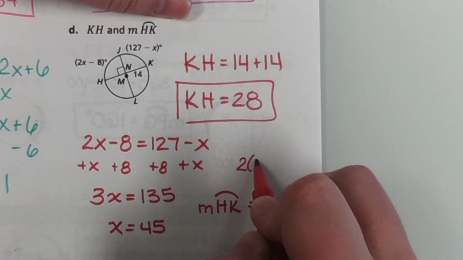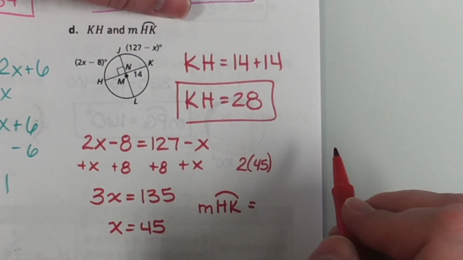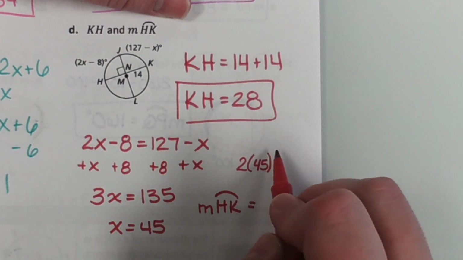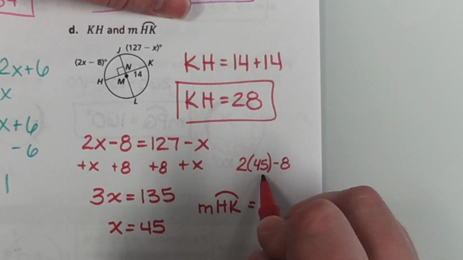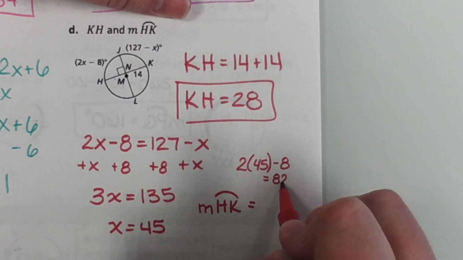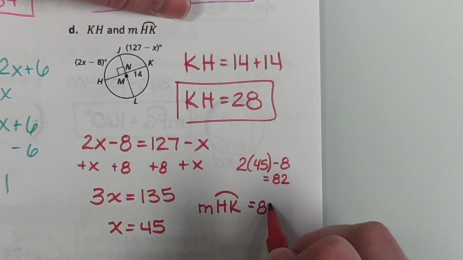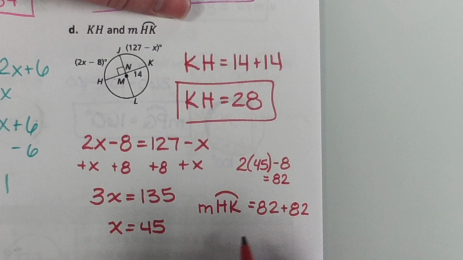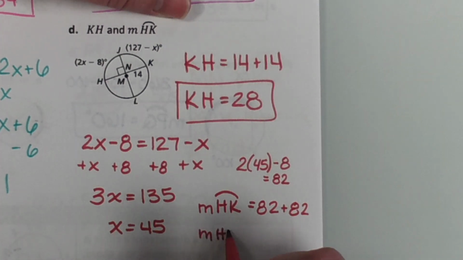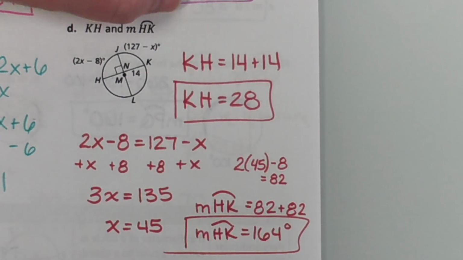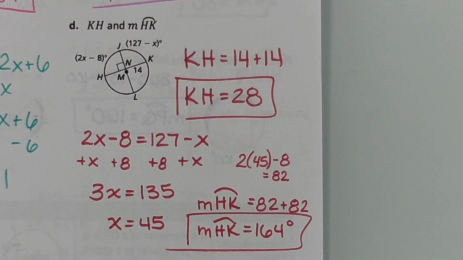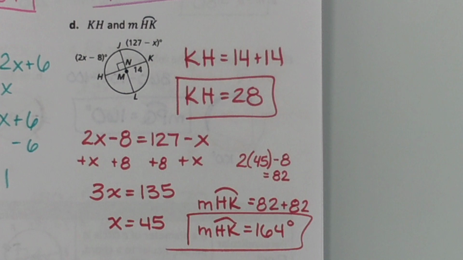For KH we add them, right? Real lengths that I'm only giving you half expressions for.